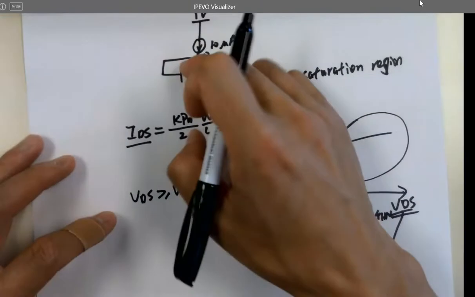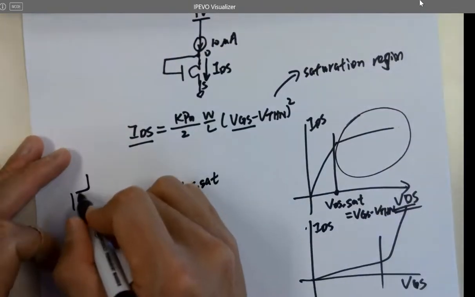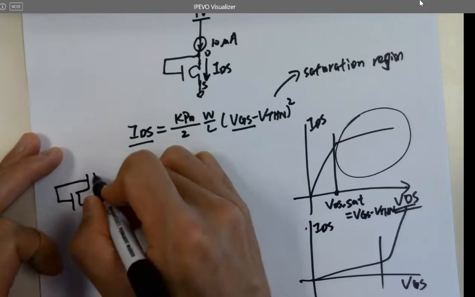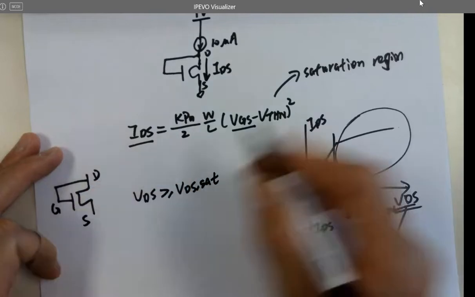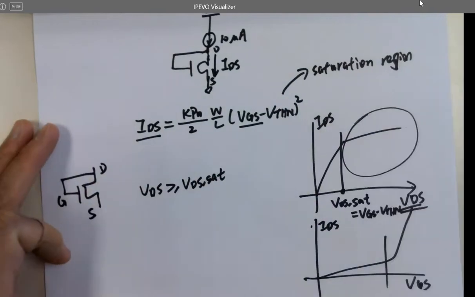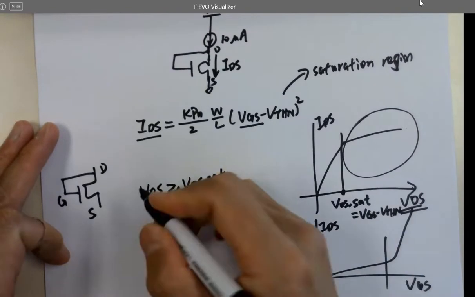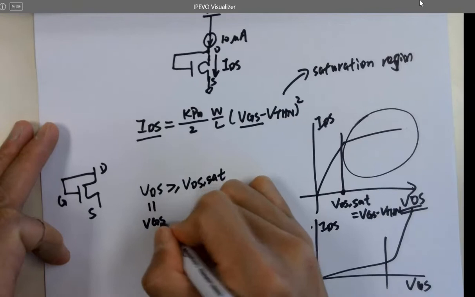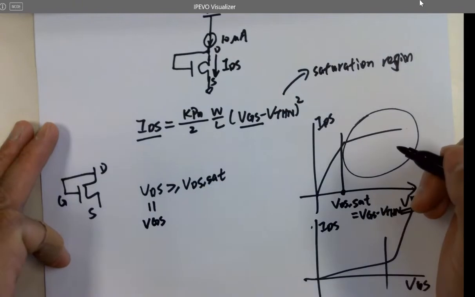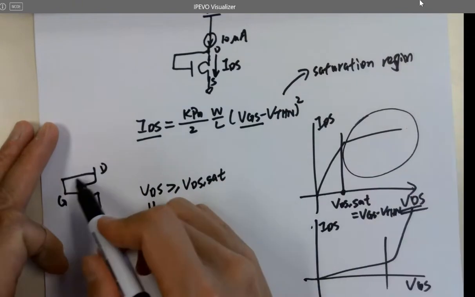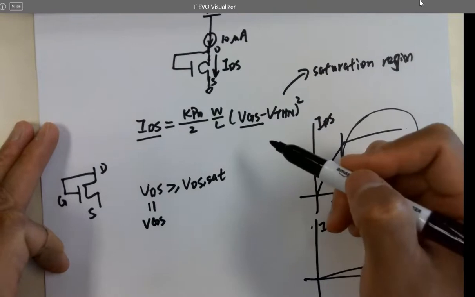So for this circuit, I short G to D, right? So what is VDS right now? It's the same node. VDS and VGS, same thing.